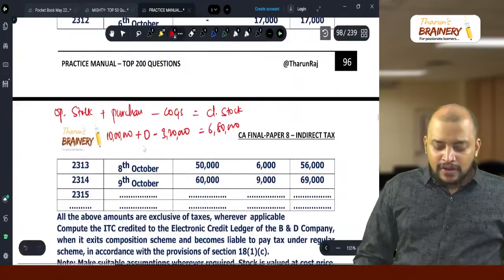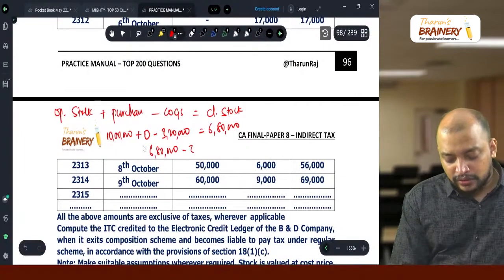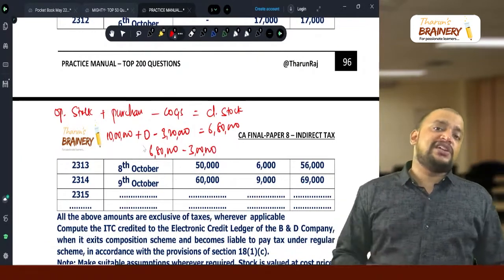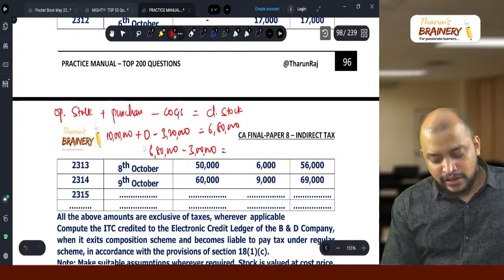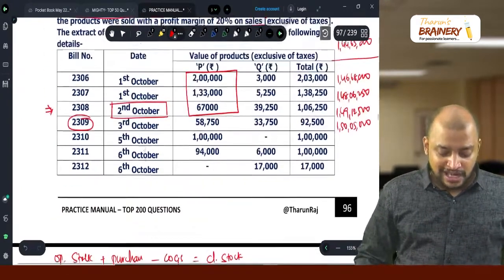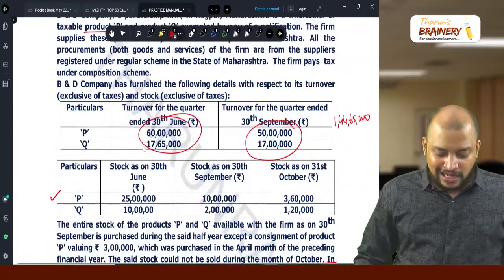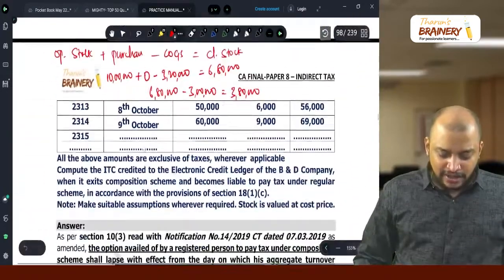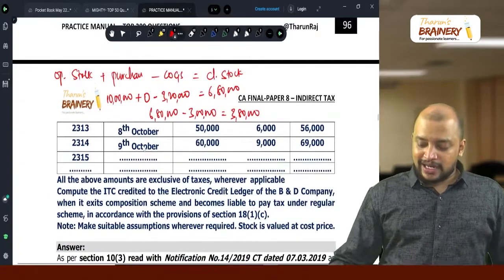So from this 6,80,000, you need to take out 3 lakhs, because this 3 lakhs worth of material was purchased before 1 year, and on that we cannot take ITC. So the remaining is 3,80,000. What is the rate of GST? The GST rate is not given, so in the absence of information, we can take 18%.